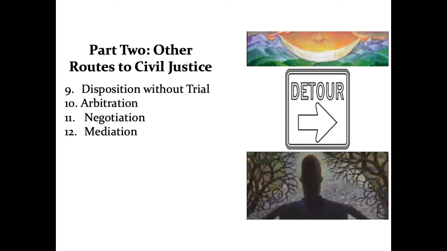Negotiation, you all know about from the practice simulation, right? This is where parties, without the aid of a third party, are able to reach a conclusion which they both agree on. And finally, mediation, which is negotiation assisted by a third party who is neutral, but who does not have the authority to impose a resolution on the parties.